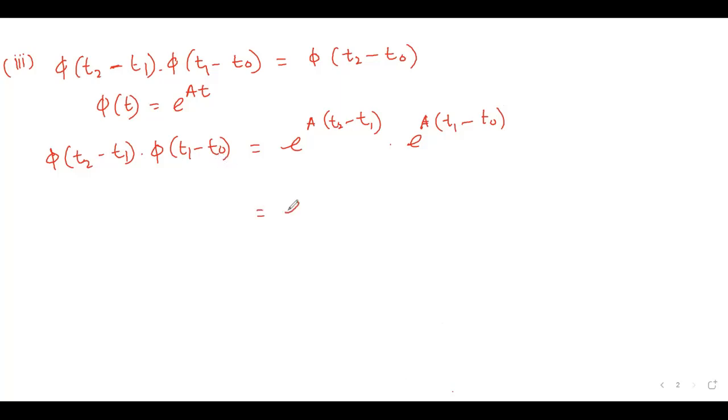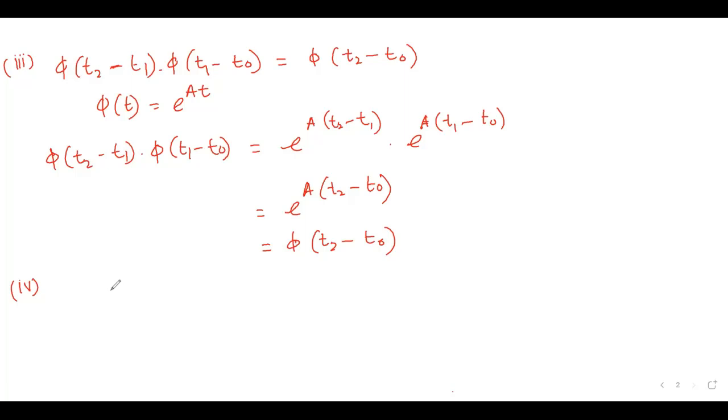That means this is equal to e to the power A into t2 minus t0, because minus t1 plus t1 will cancel out. So therefore this is equal to phi of t2 minus t0. That means the state transition matrix from time t0 to t1 multiplied by from time t1 to t2 is equal to the state transition matrix from t0 to t2.